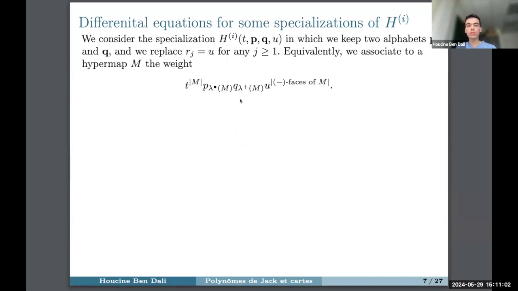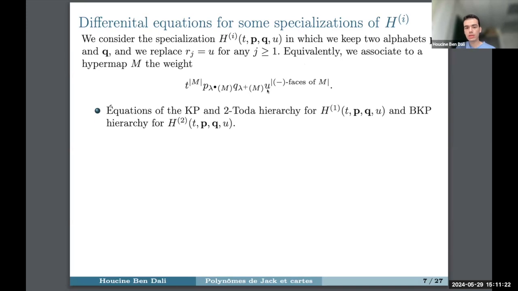Combinatorially, this means that we keep track of the degrees of all vertices and the degrees of all plus faces, but for minus faces, we only keep track of the number. So in this way we have u to the power of the number of minus faces of the hypermap.